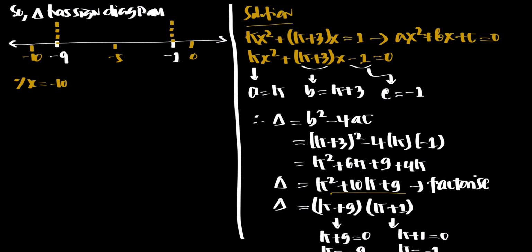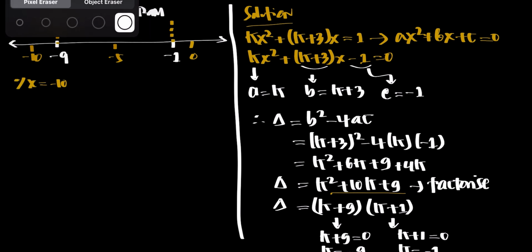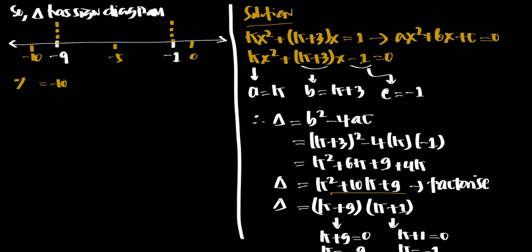So x is k, or we use it in terms of k, when k is smaller than -9. So then k squared plus 10k plus 9, so then -10 squared plus 10 times -10 plus 9.